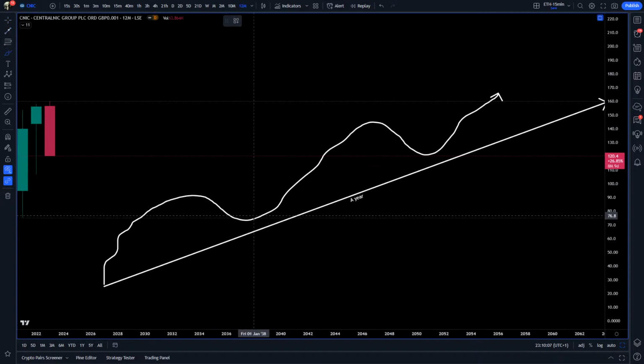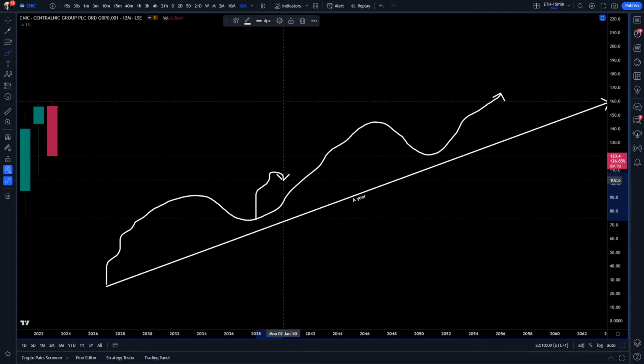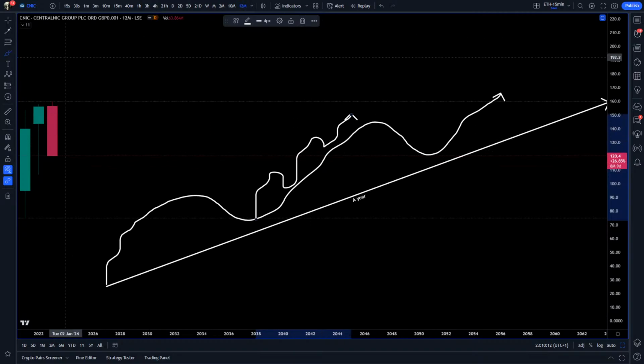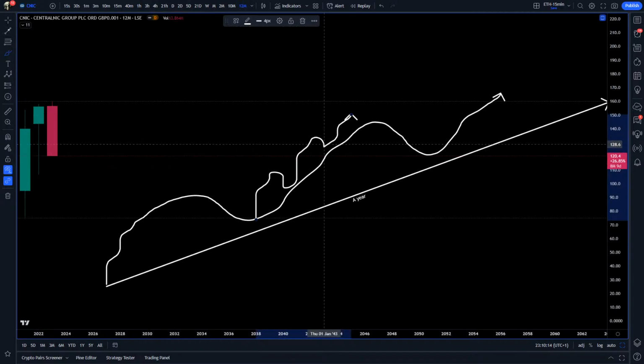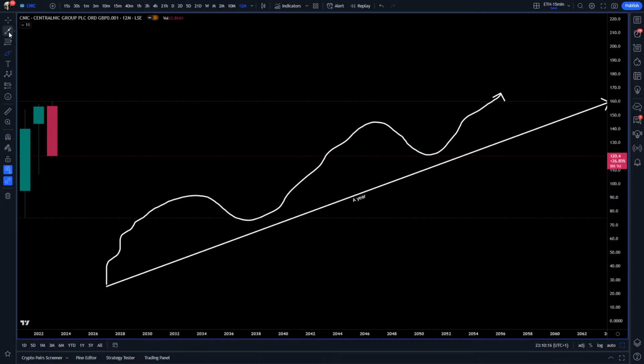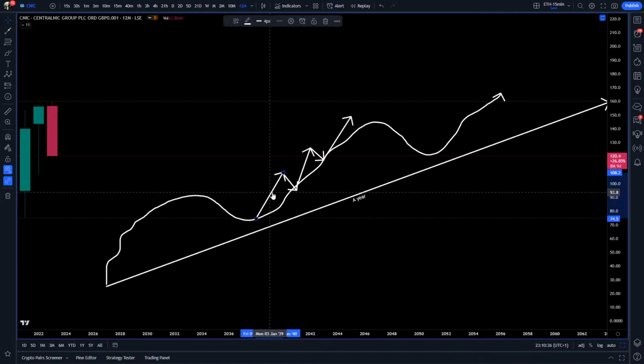Within the 1-year trend, we have fluctuations of the market, which are the quarterly trends.